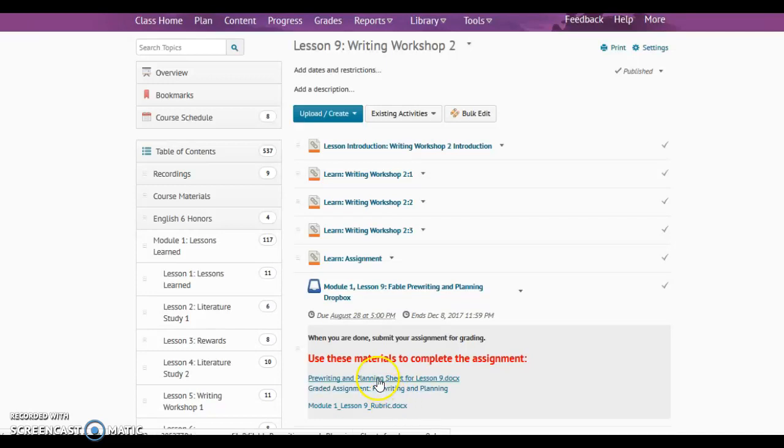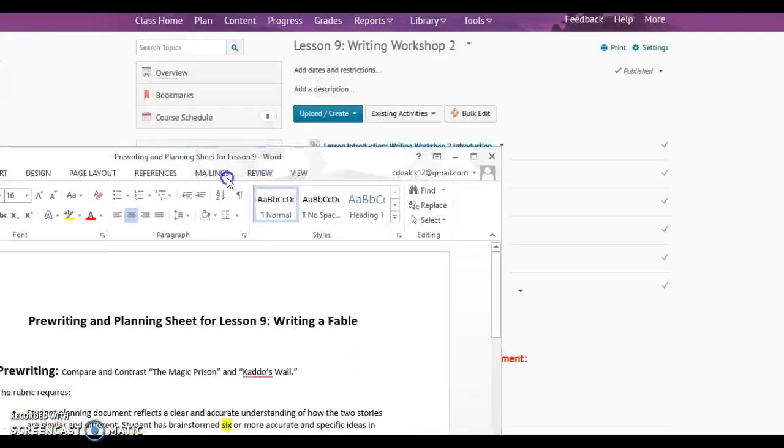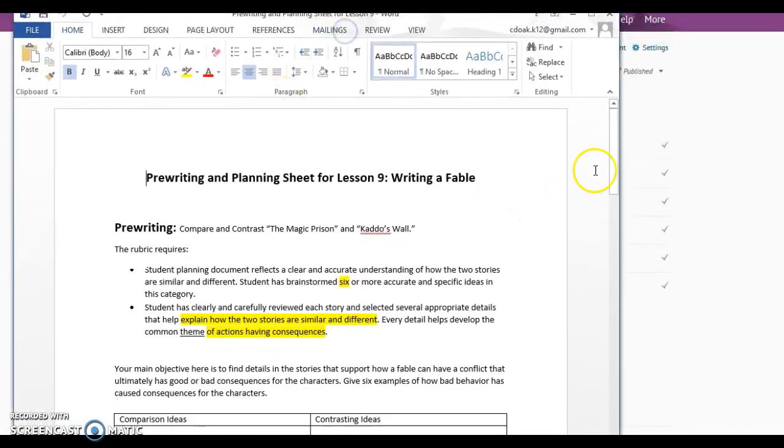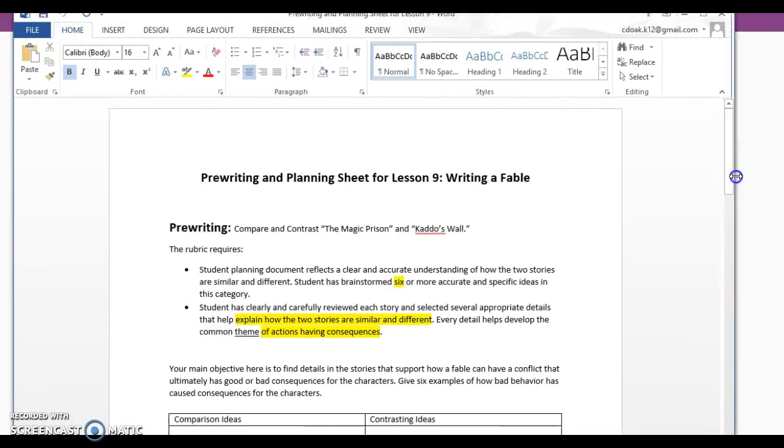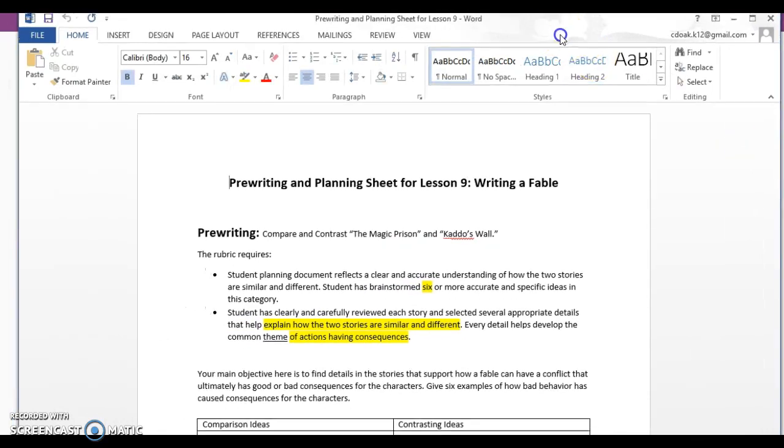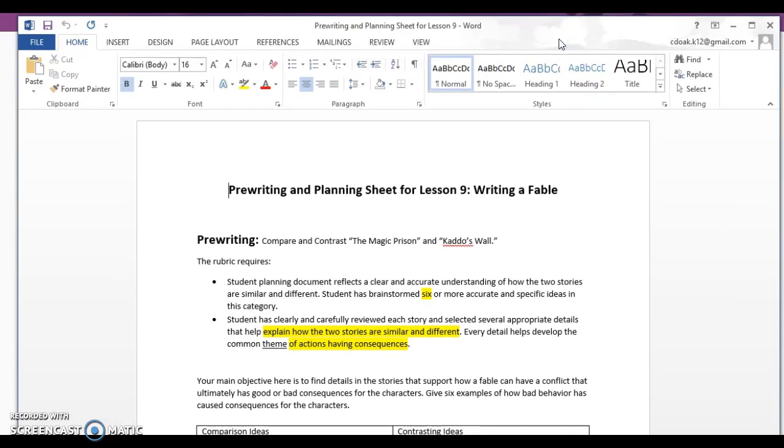I'm going to show you these documents that are in here. I'll go ahead and show you this one. I made a document called the Prewriting and Planning Sheet for Lesson 9.